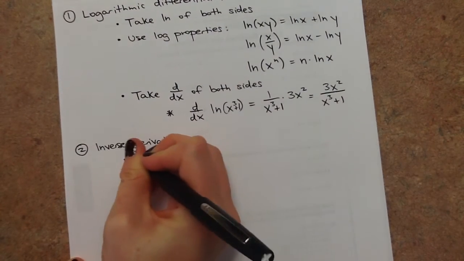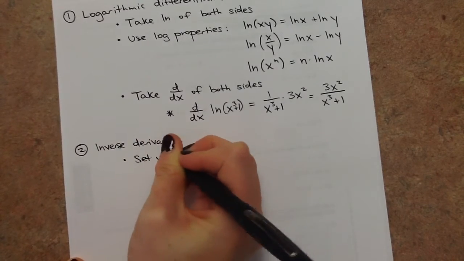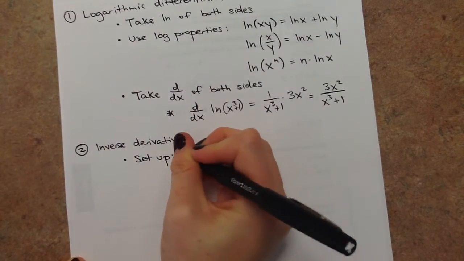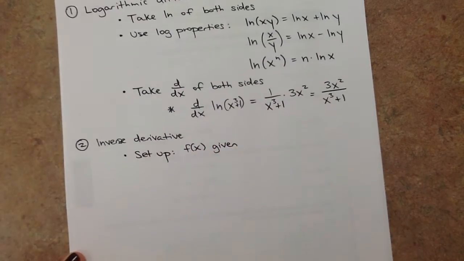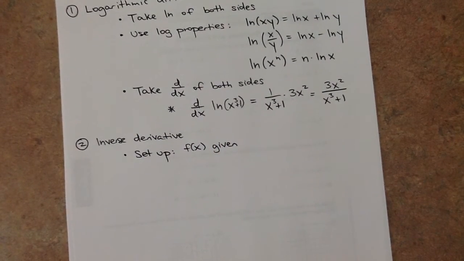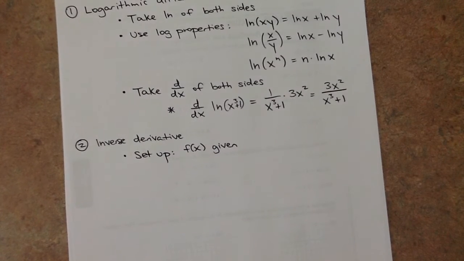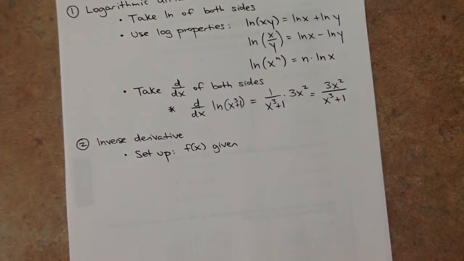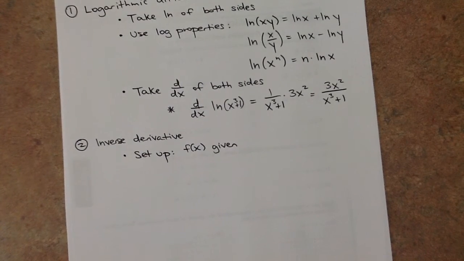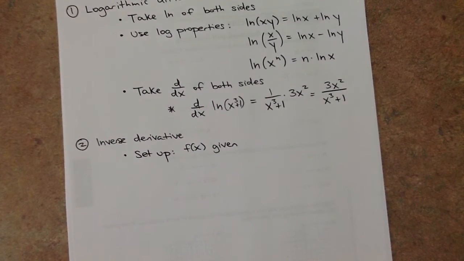So here's the setup. Here's what they'll give you. They'll give you f of x, so that'll be some sort of given function, and usually it'll be something complicated enough that you can't find the inverse by hand. That's kind of the point. We had one that was like x plus cosine x. We had something like a cubic power that you couldn't actually get the x by itself, things like that.